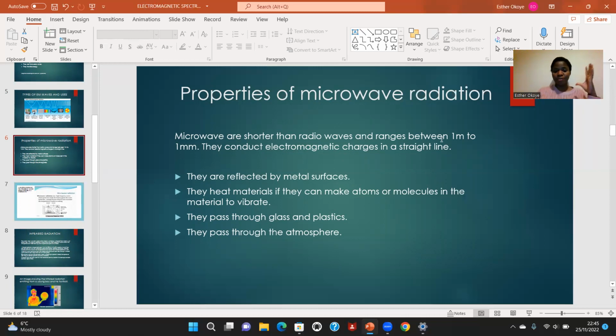They are reflected by metals, which are good conductors of electricity. They can make atoms or molecules in a material vibrate. They pass through glass and plastics, and through the atmosphere, which means they are harmless.